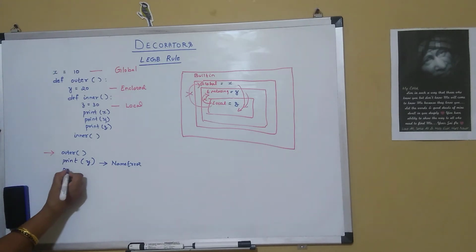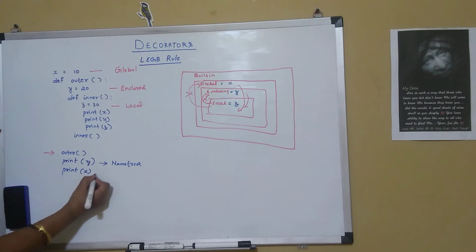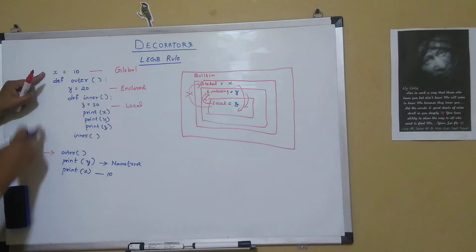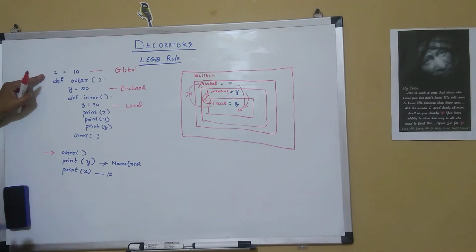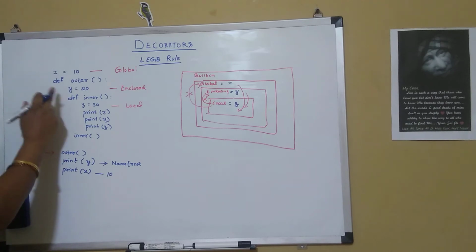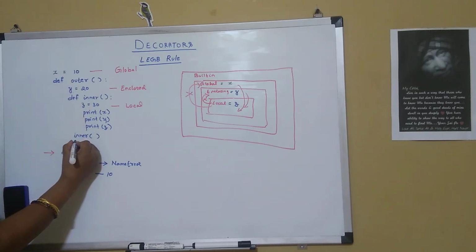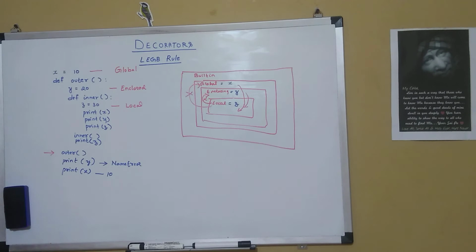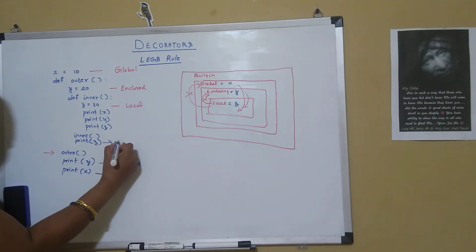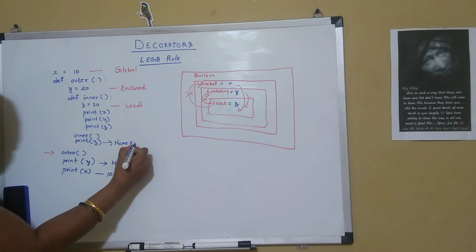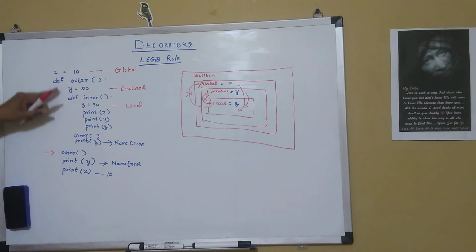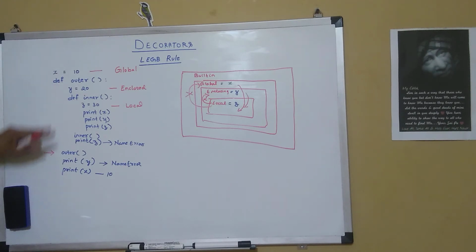But if I print x, then it prints the value 10 because it is a global variable. It can be accessed in the entire program. And now within this outer function, if I say print z, again we get a name error because z is a local variable and cannot be accessed within the enclosed function.